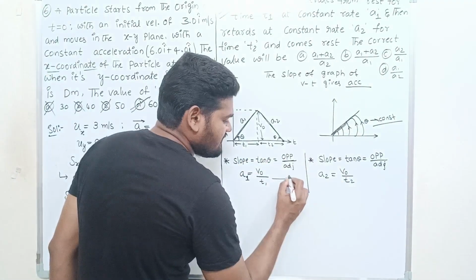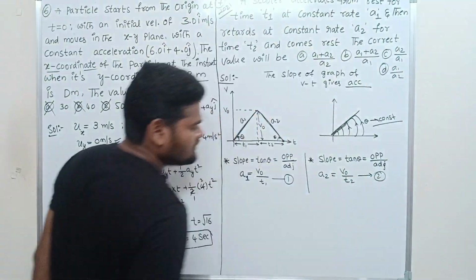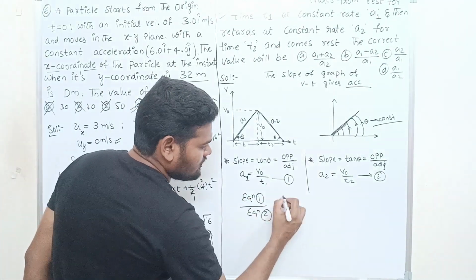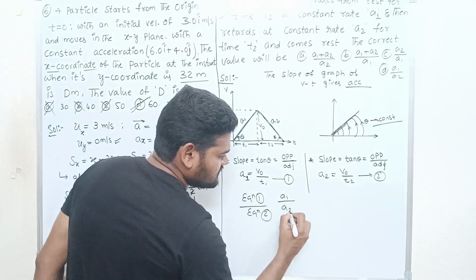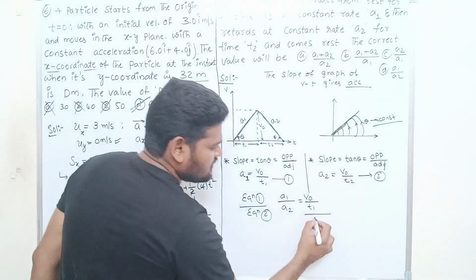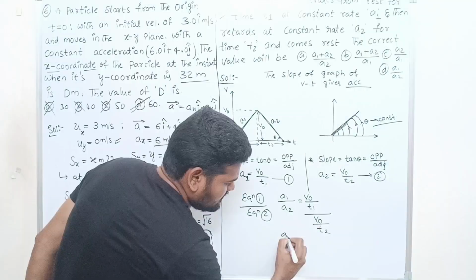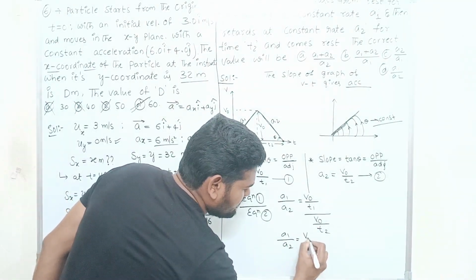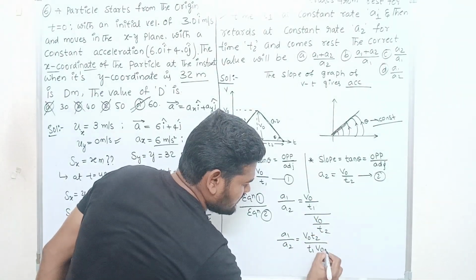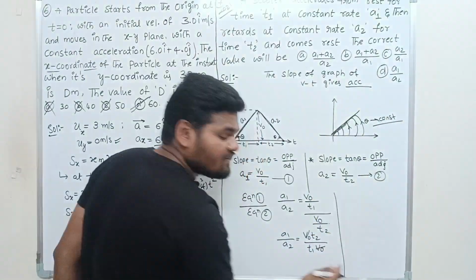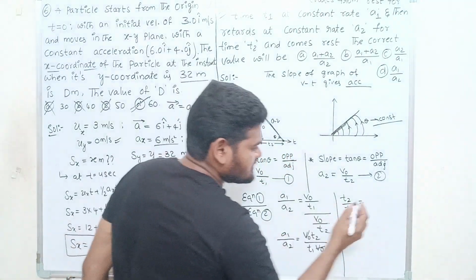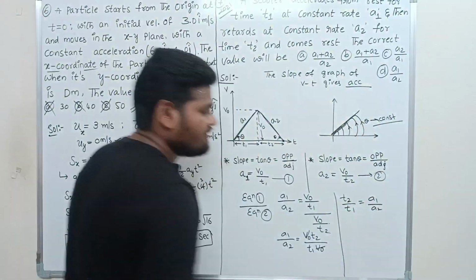Let us consider this as equation 1 and this as equation 2. Dividing equation 1 by equation 2, we get a1 by a2 is equal to v0 by t1 divided by v0 by t2. So a1 by a2 is equal to v0 t2 divided by t1 into v0. The v0 cancels, so we get t2 by t1 is equal to a1 by a2.